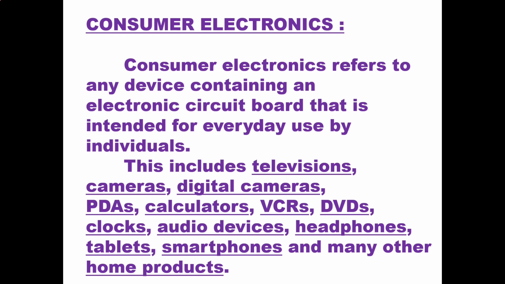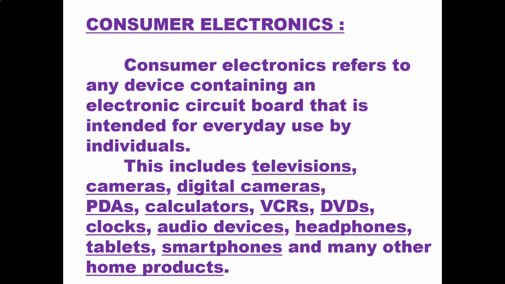Now, for example, we have a television, a digital camera, PDAs, calculators, VCRs, DVDs, clocks, audio devices, headphones, tablets, smartphones, and many other home products like your microwave oven, washing machine. Now, all these come under consumer electronics.